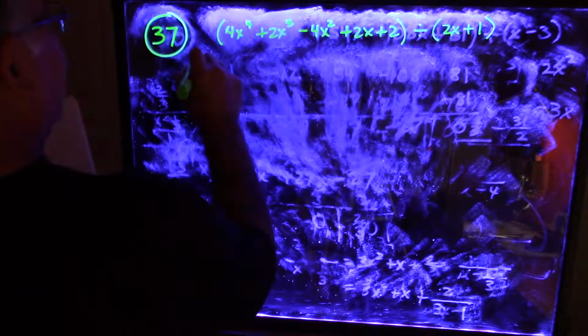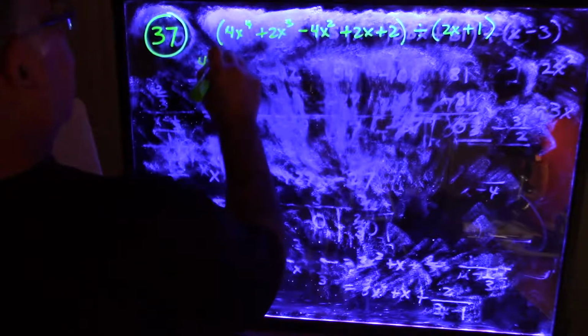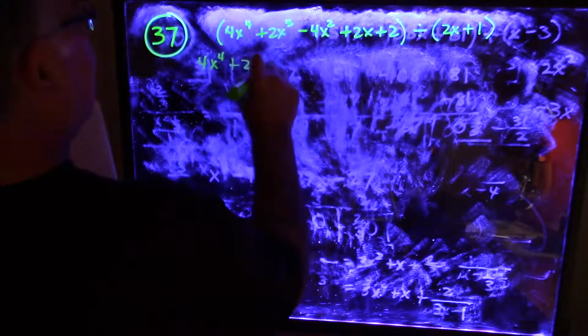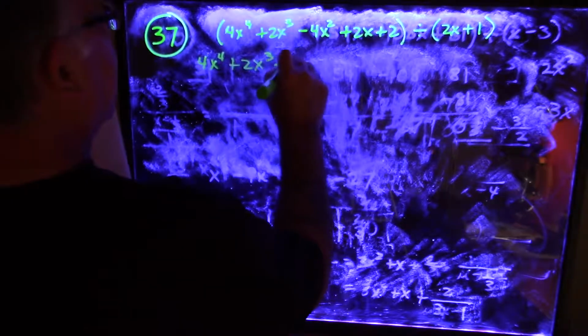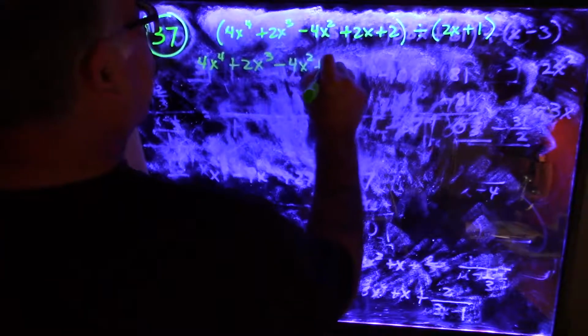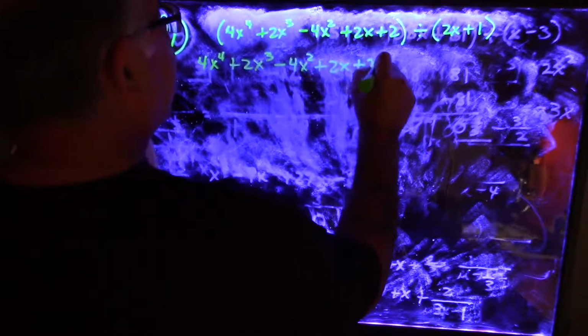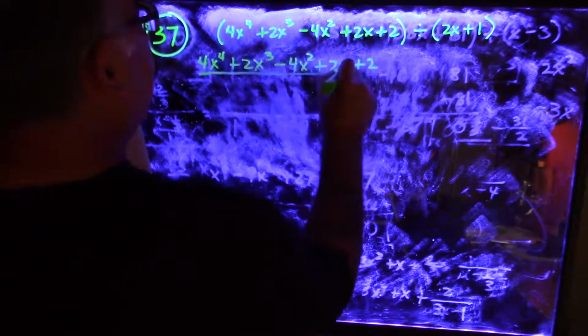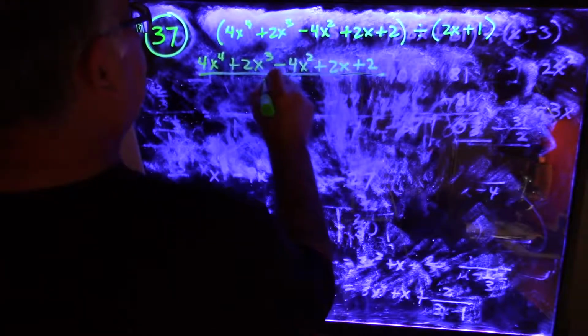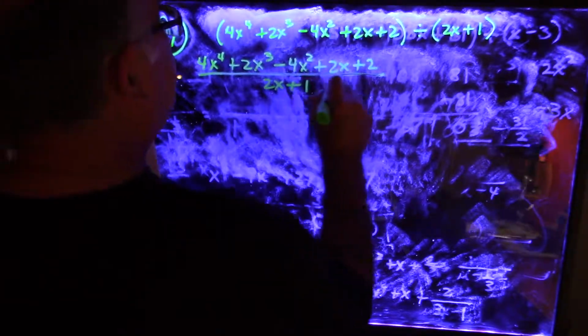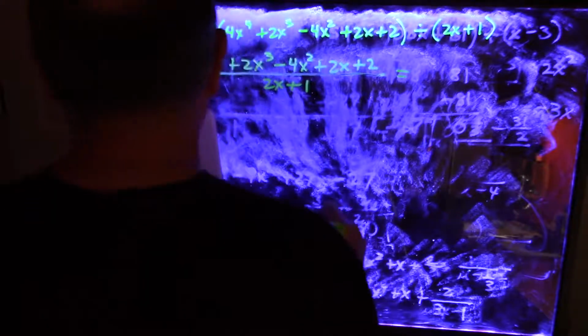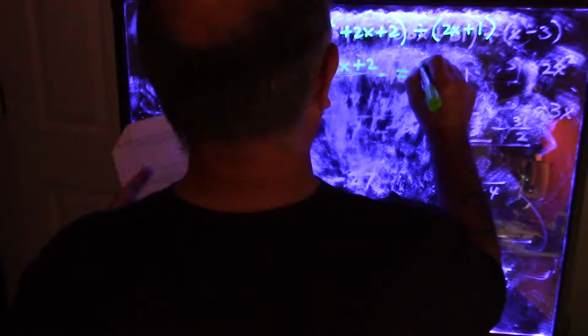So we've got 4x to the 4th plus 2x cubed minus 4x squared plus 2x plus 2 over 2x plus 1. I'm going to just do like I've done before.